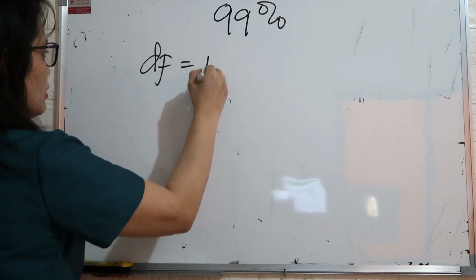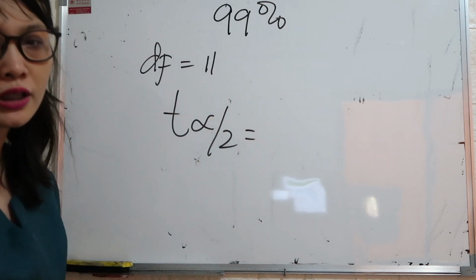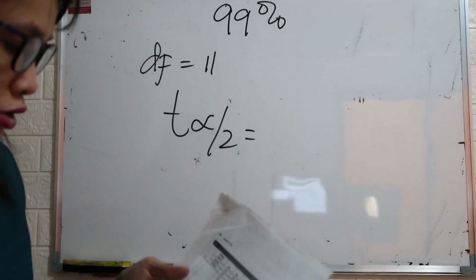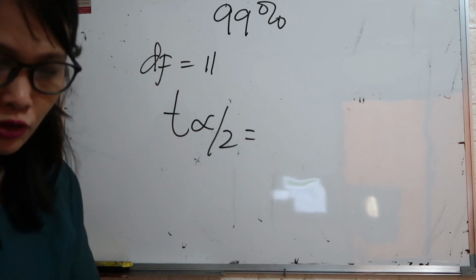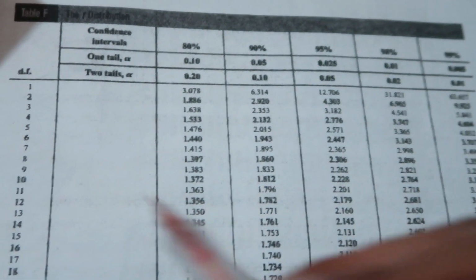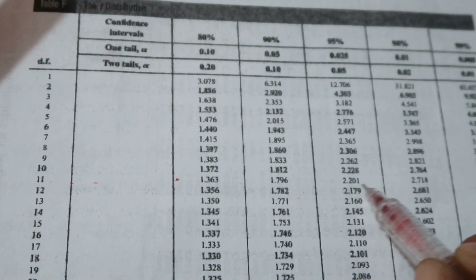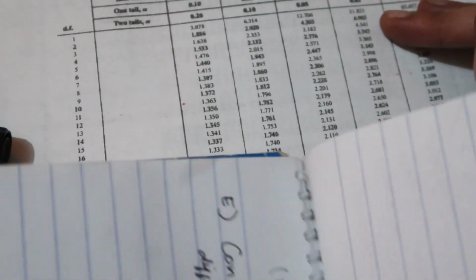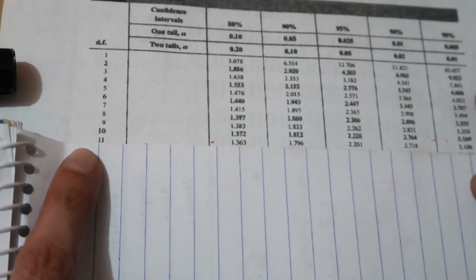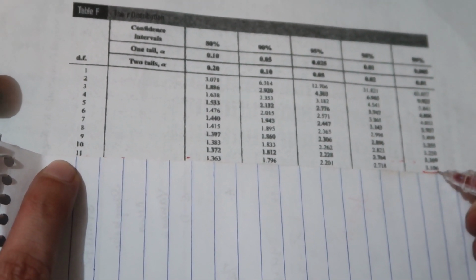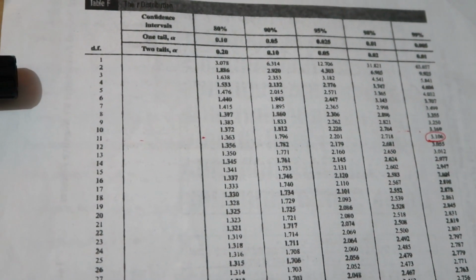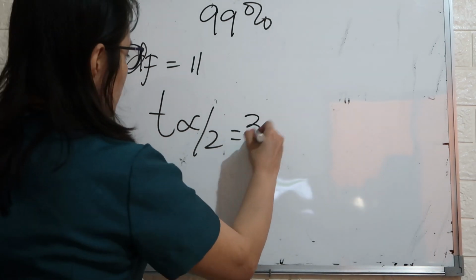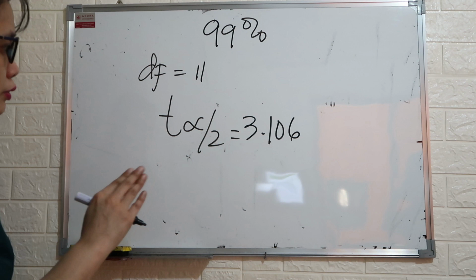So if DF equals 11, the T alpha over 2 will be, using the T table, DF is 11, so 99%, so DF 11, so that will be 3.106. So your T alpha over 2 will be 3.106.